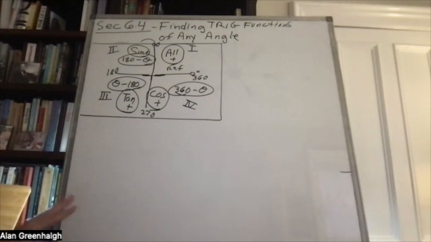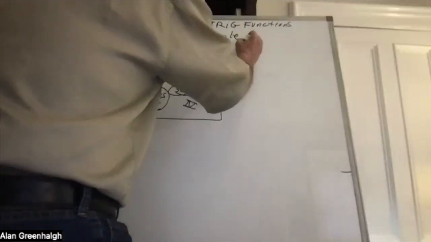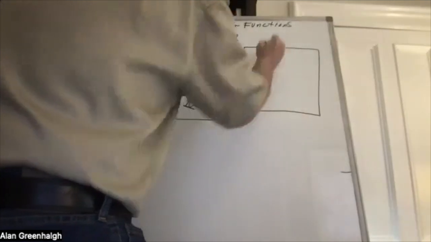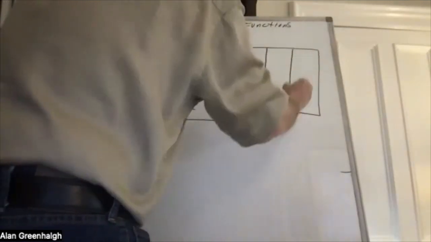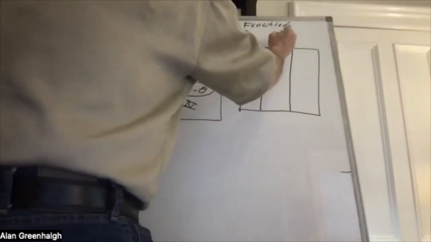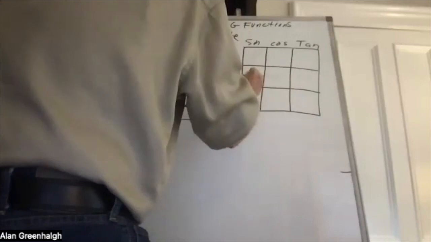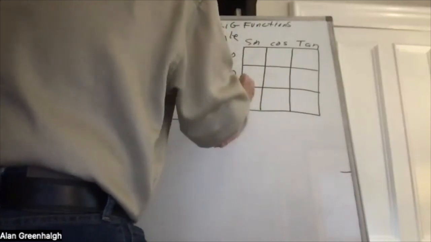Okay, so that's one chart that you need to know very badly. And the other thing you need to know very badly is this one from earlier. This was sine, cosine, and tangent of 30, 60, and 45.